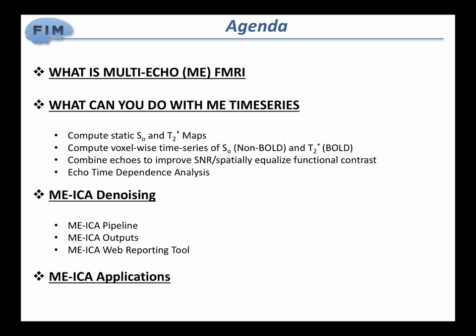Instead of a single time series, we're gonna end up having more than one time series per voxel, all concurrently acquired. I'm gonna go through several of the different things that you can do with this extra rich data set in order to do a better job at handling the noise in your time series and therefore get better results in your statistical analysis.